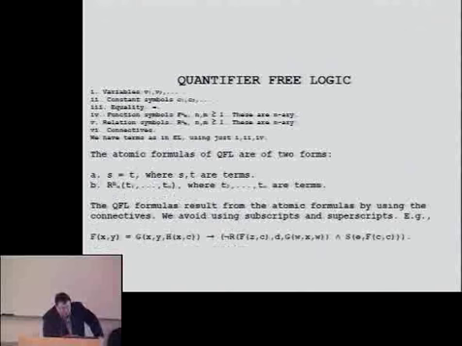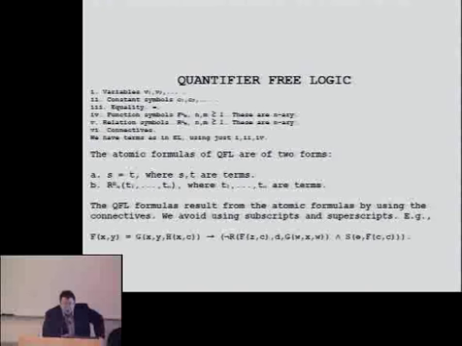Okay, so the atomic formulas of QFL are of 2 forms. First of all, s equals t, where s and t are terms. Secondly, R of t1 through tn, where t1 through tn are terms. Okay, these are the statements. These are the assertions. You can say that 2 things are equal, or you can say that some particular relation holds of a bunch of items.